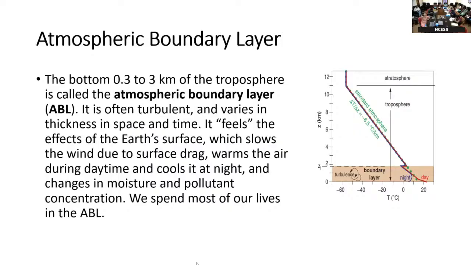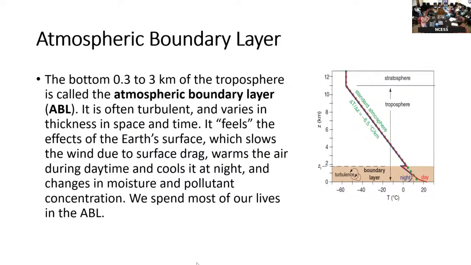That layer from the bottom of the atmosphere up to approximately 3 kilometers is called the atmospheric boundary layer. All the turbulence, energy or heat, and all the transport happen due to human activities or surface soil-atmosphere interactions in this boundary layer.